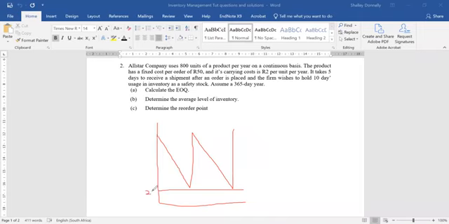Okay, so this is the 22. That's this buffer stock area. Remember, this is time. This is units.